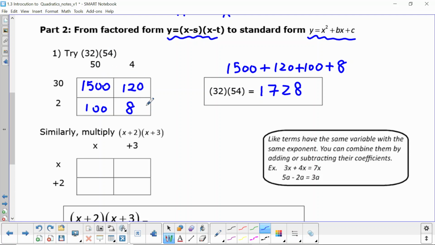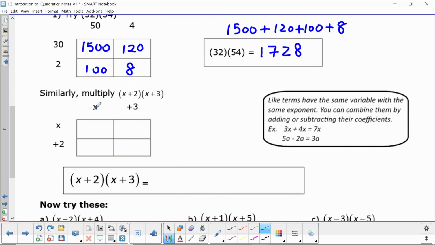Why do we want to use this area model? Because we could model these two binomials multiplied together using the area model. So one side is x plus 3, another side is x plus 2. You could switch these two sides and you will get the same area.